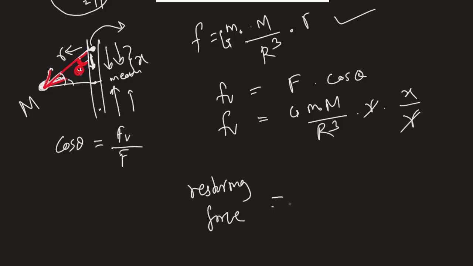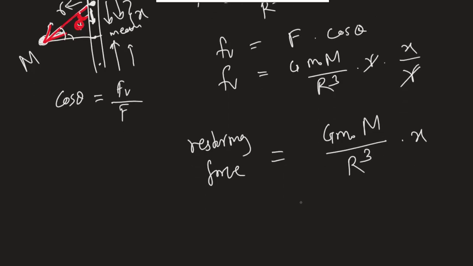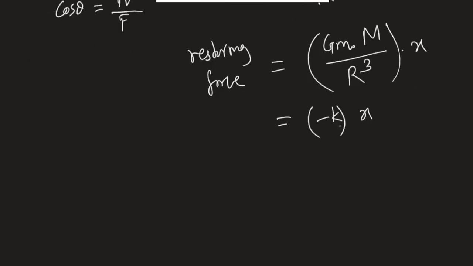If you talk about simple harmonic motion, the restoring force is going to be G m naught capital M divided by R cube and x. So we know that the restoring force is basically in this format. So we can assume that this particular thing is minus k, right? So we can write k is equal to G m0 capital M divided by R cube.